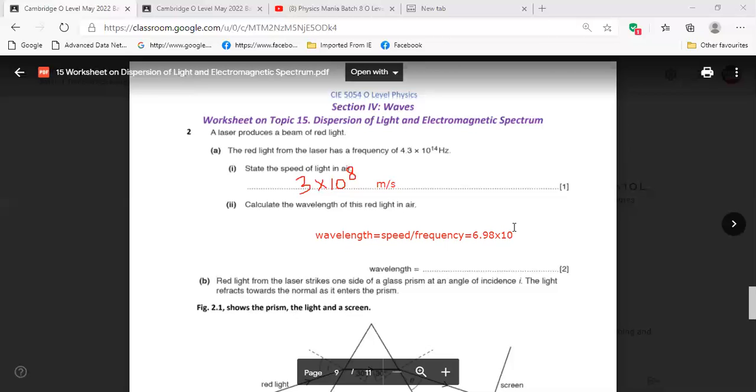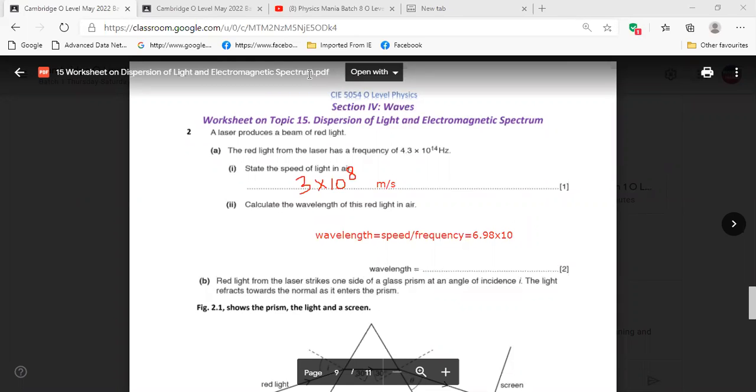So now your calculation is correct, because 3 by 4.3 is coming 0.698. Then it's coming 10 to the power minus 6. If you are taking one digit here left, it's coming 10 to the power minus 7. Is it clear how it's coming?